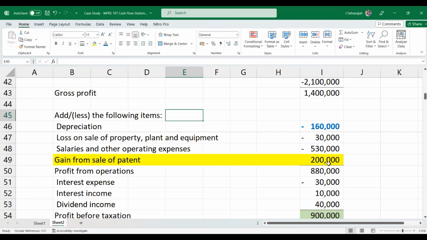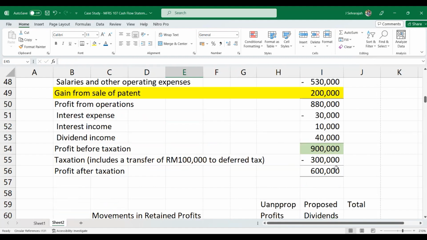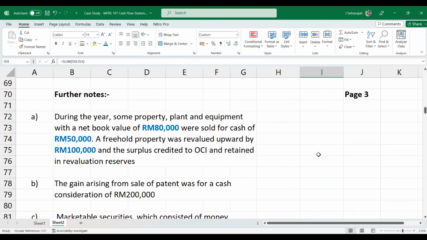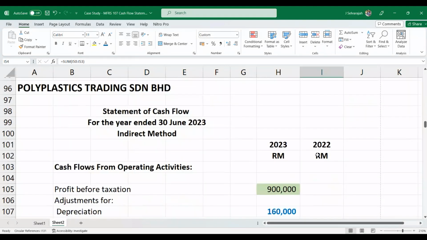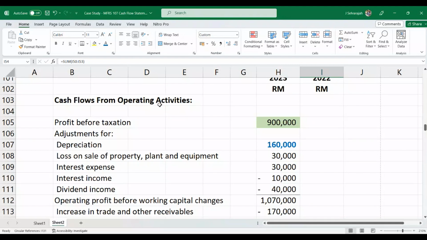So when the cash is received, it's debited to bank and credited to where? It's credited to gain on the sale of patent. That's a double entry, right? Because it is gain on the sale of patent, it is already there. So when we take this figure, 900,000, the cash from there is already inside this. Cash flow from operating activities, that gain is inside here. We never deduct it.